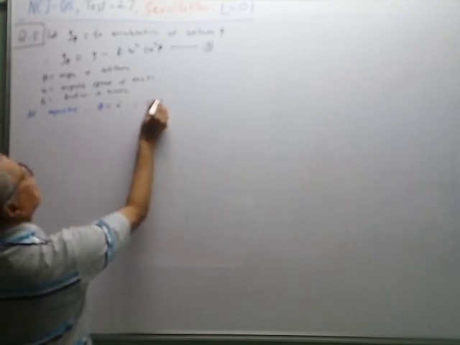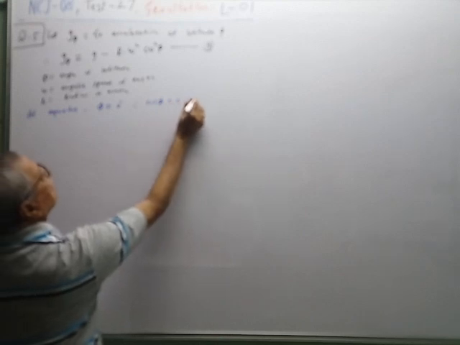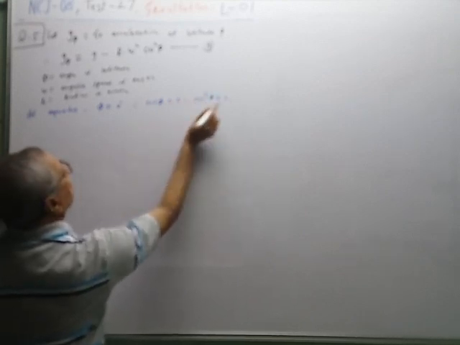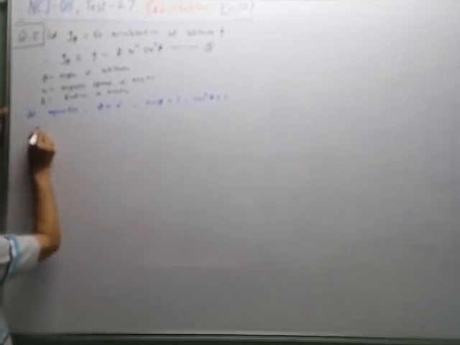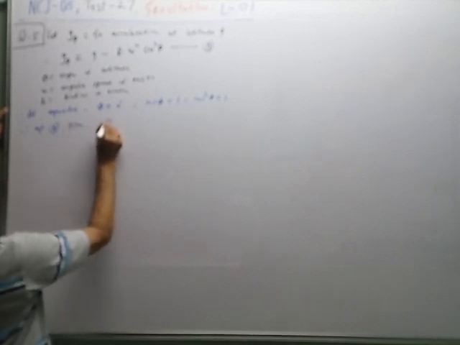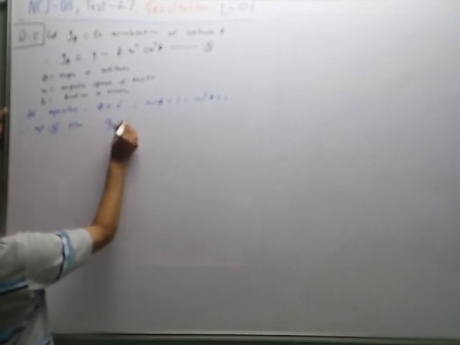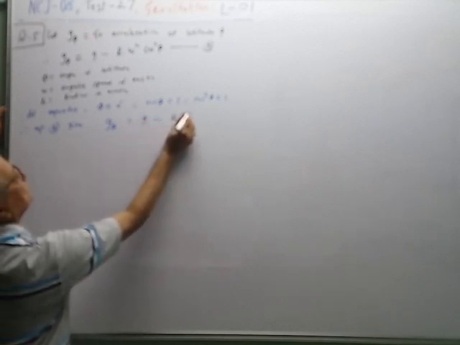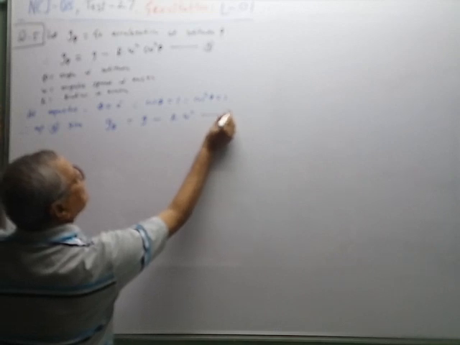Therefore, cos of phi is equal to 1. Therefore, cos square phi is equal to 1. Therefore, equation A gives g phi is equal to g minus R omega square. This is equation 1.